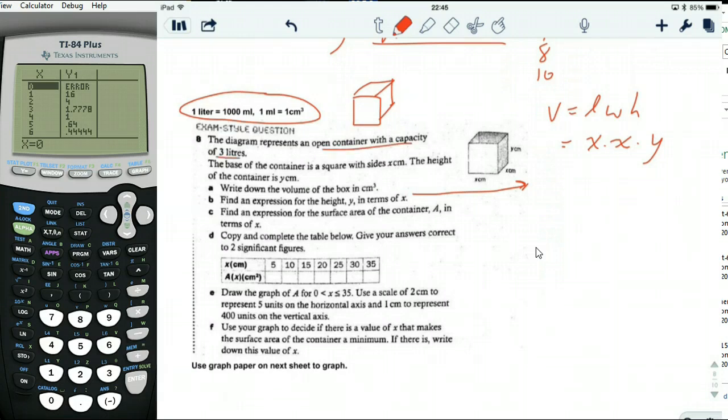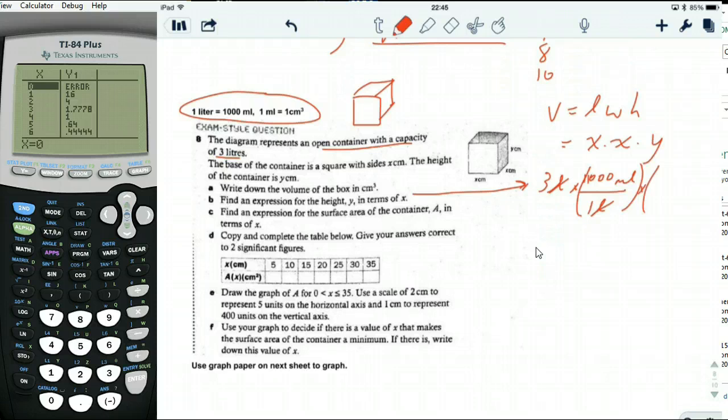So 3 liters in centimeters cubed, let's do this conversion. So 1 liter is equal to, and remember how to do unit conversions, we put an expression which is equivalent to 1,000 milliliters on top, 1 liter on the bottom. We cancel out the liters.